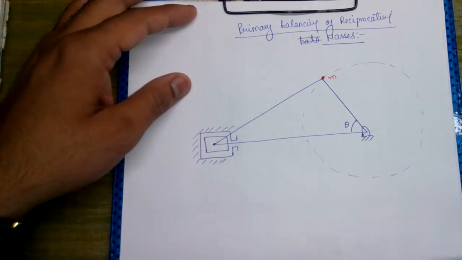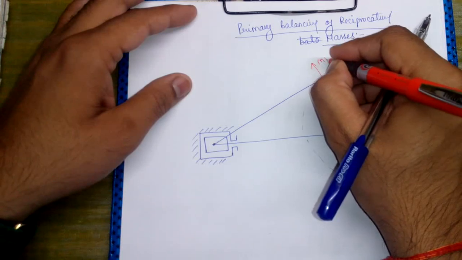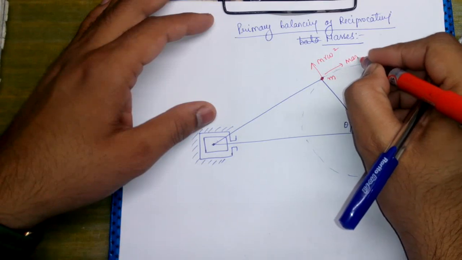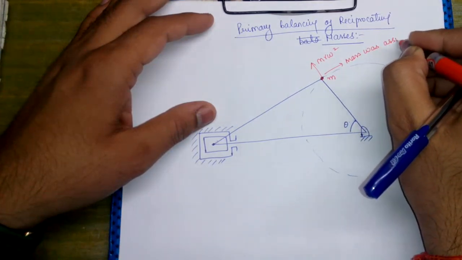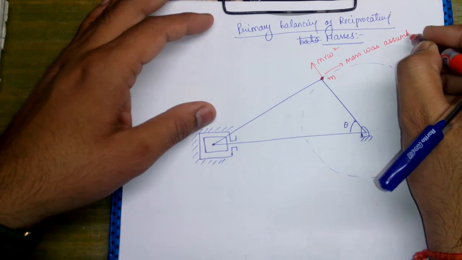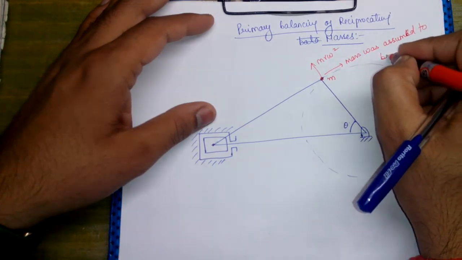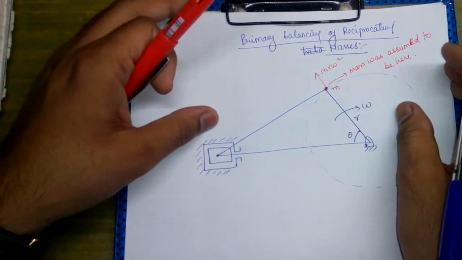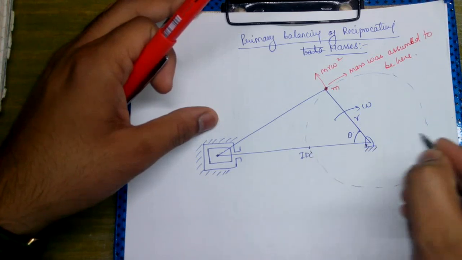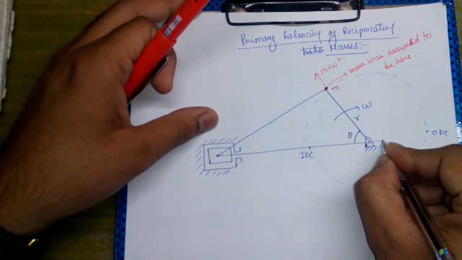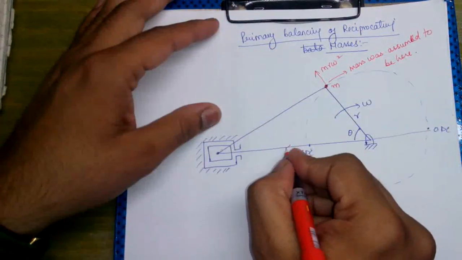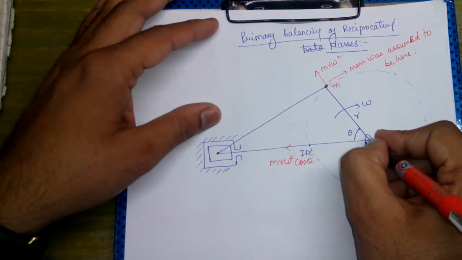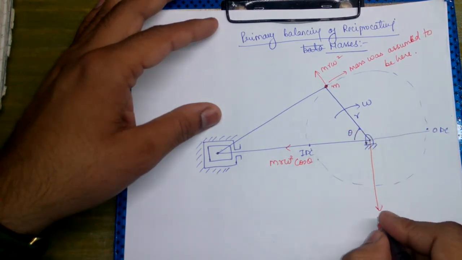This angle was theta and this component was M r omega square, and the mass was assumed to be here. This is rotating with omega, and r is the radius of the crank. This is the inner dead center, this is the outer dead center. Here we had one component, that is M r omega square cos theta, and one perpendicular component.